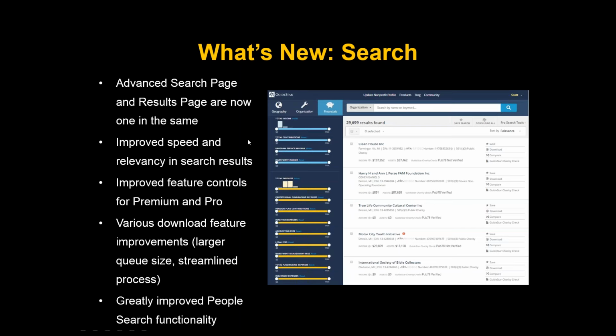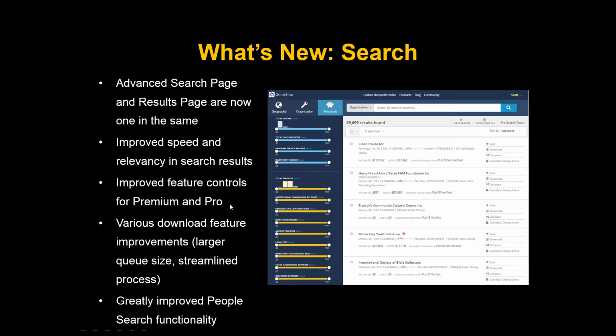So what's new? Well, the new advanced search page marries the filters, the filtering capability, the criteria, and the results all in the same page, so that you can manipulate these filters and see the results in real time. There's been improved speed and relevancy in search results because we've implemented a completely new search engine on the back end.